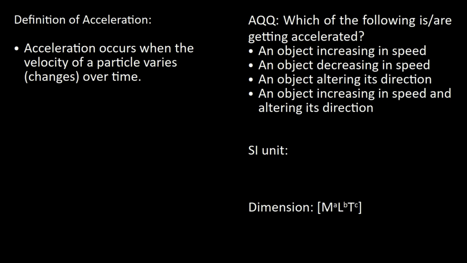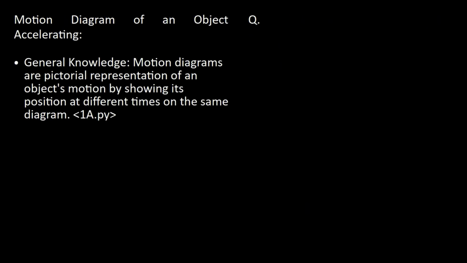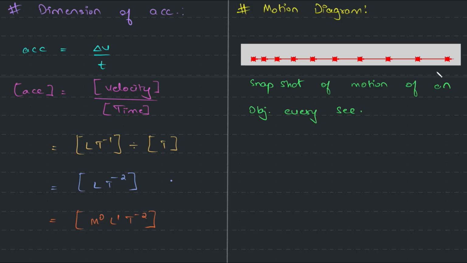Using the motion diagram, we'll be able to learn a lot. I frequently use it, so I have it as a separate slide. And if you guys want to, you can have a picture like this.